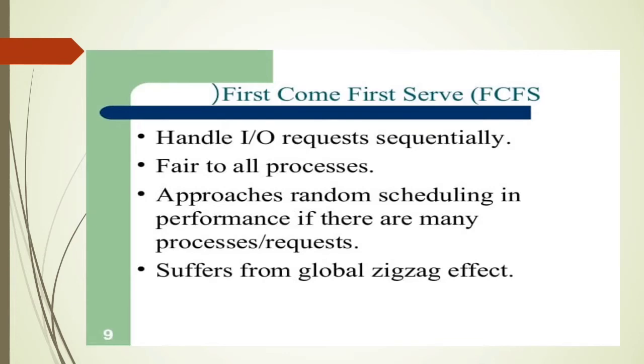But this first come first serve mainly suffers from a zigzag effect, because if an input output request is in the queue first and you are getting multiple requests, it has to identify which request is taken next, and after that it has to go and search which request stands next in the queue.